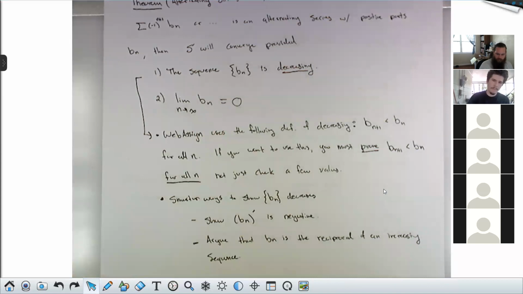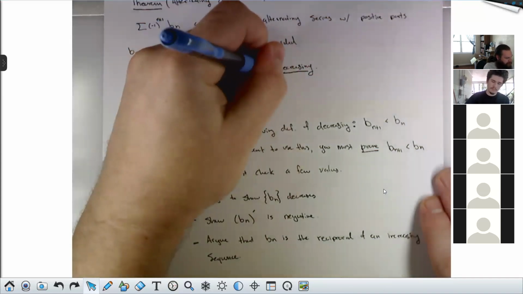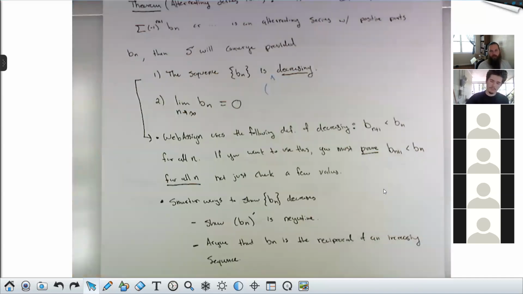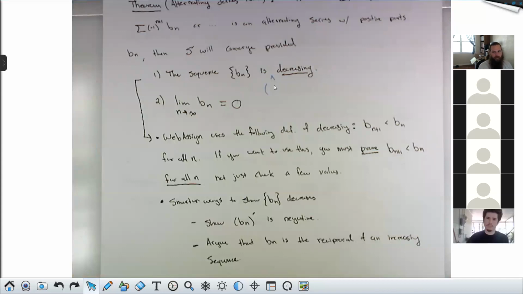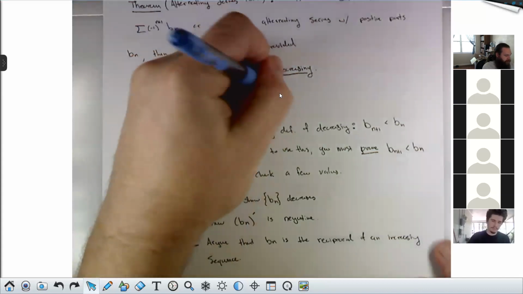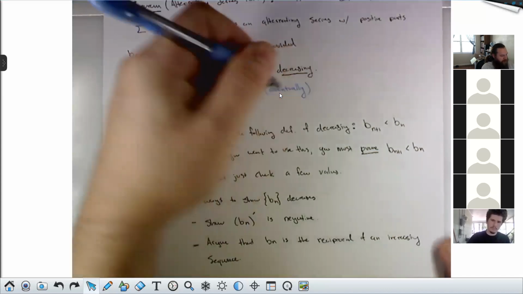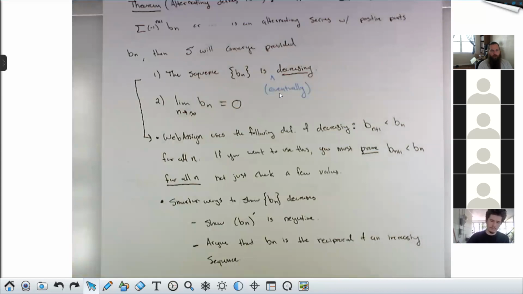And because I know someone's going to beat me to it if I don't say it, we can inject a word here. What's the word that goes here? Eventually. Eventually. Good. So the sequence Bn may not decrease right away. If the first few terms of Bn are not decreasing, but then from some point on it is decreasing, that's good enough.